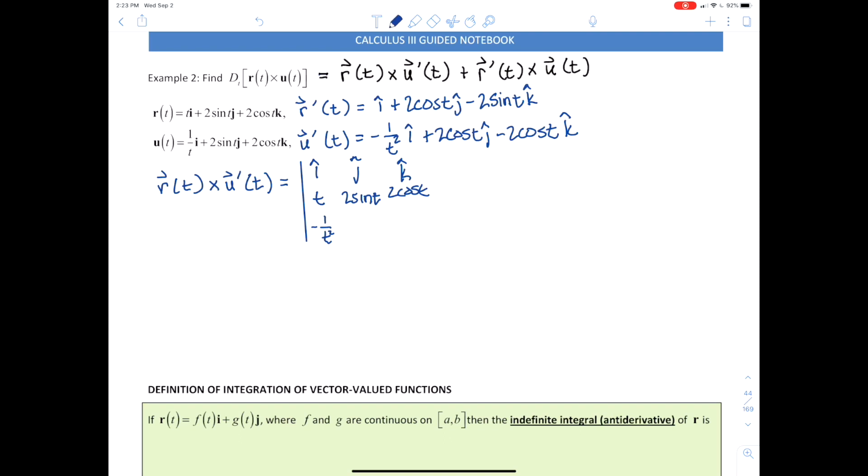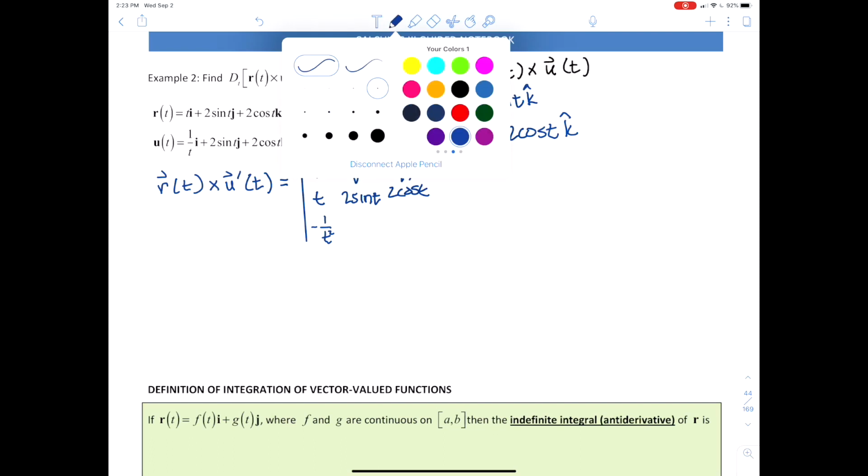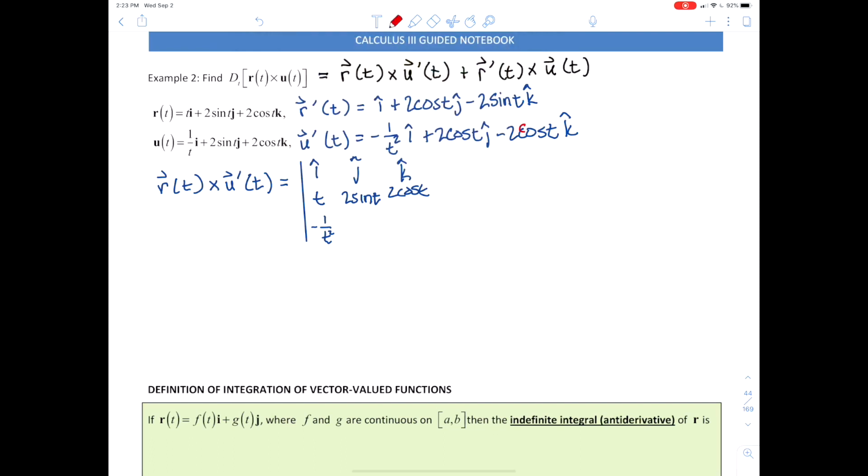And then, oops, do you see right here? This should have been negative 2 sine at t. So I'll erase it and make it prettier. This should have been minus 2 sine at t. Okay. All right. So we'll have our 2 cosine at t, and then our negative 2 sine at t.